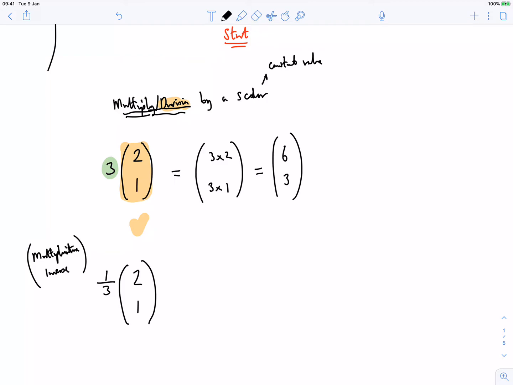We describe 1/3 as the multiplicative inverse of 3, because if I times something by 3, you've got to think, what have I got to multiply that result by to get back to where I was, and that's clearly a third.